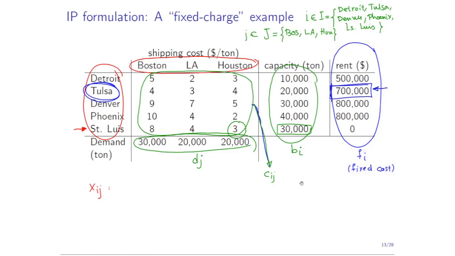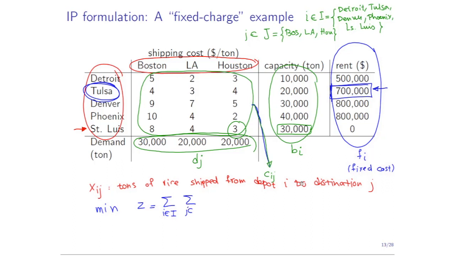So technically, I should know how much rice to send from depot I to destination J. So I define Xij to be tons of rice shipped from depot I to destination J. Okay, then obviously I can easily set my objective function, sum over I in I, J in J, Cij, Xij.